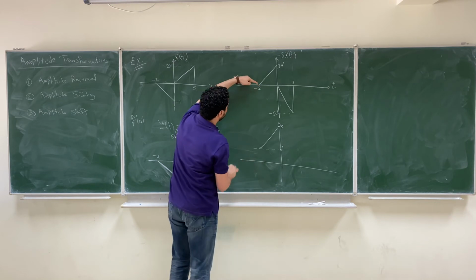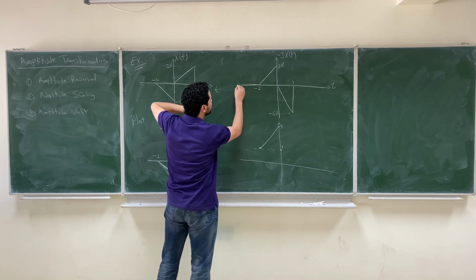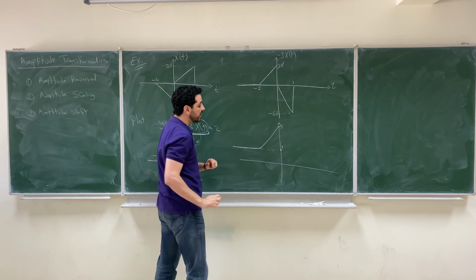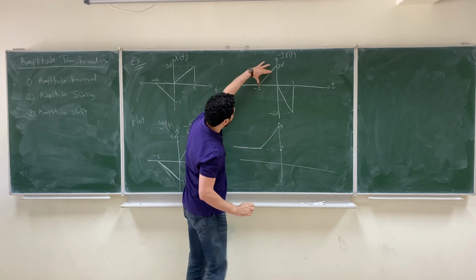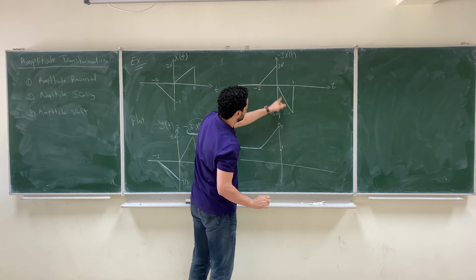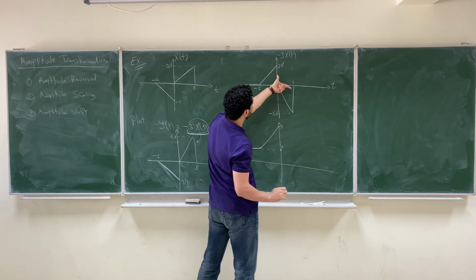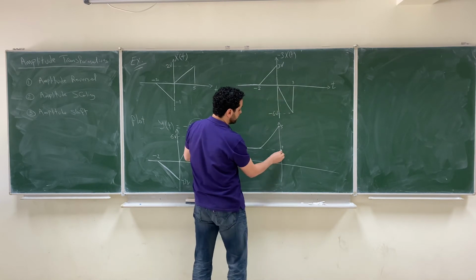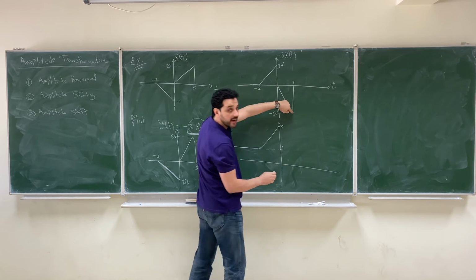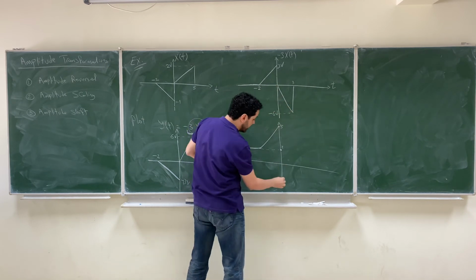What about this part? This part was 0. So here, this part will be 2 because we added 2, right? So the whole part here shifted up by 2 volts. What about this part? This part will also be shifted up by 2 volts. So instead of starting from 0, it will start from 2, and then instead of going to -6, it will go to -4.